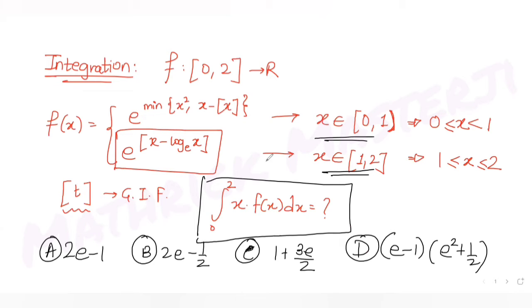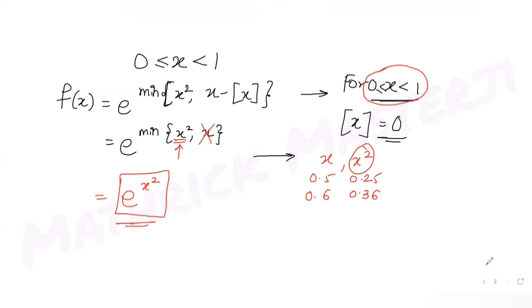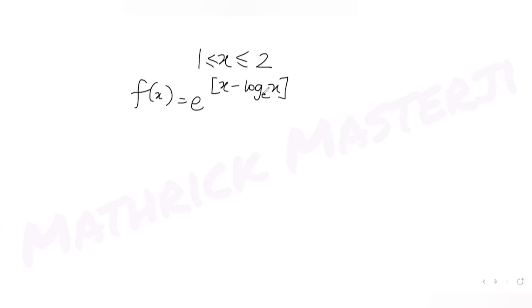So if I talk about the next idea, for the values of x from 1 to 2, we have the function as e raised to the greatest integer function of x minus log x to the base e.